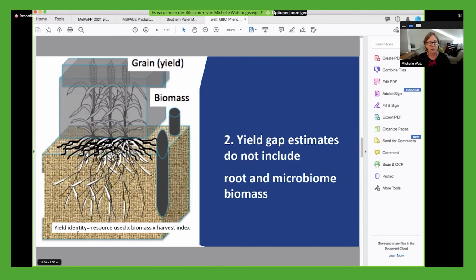Typically what is done is that the components of the crop are divided into what's called a yield identity, which is the amount of resource used times the biomass that's produced with that resource times the harvest index, the amount of biomass that goes into the grain. And this identity and the yield gaps are used to see where we can make new innovations, and they do not currently include below ground carbon.